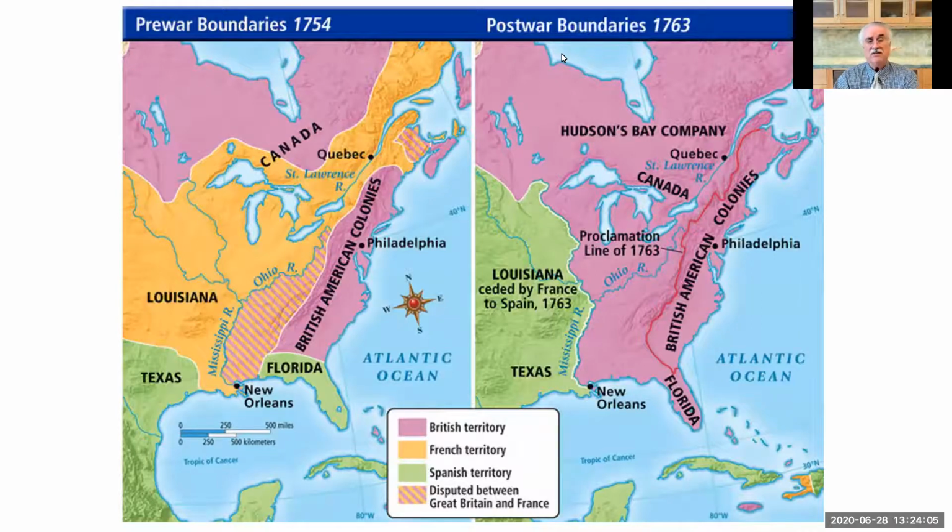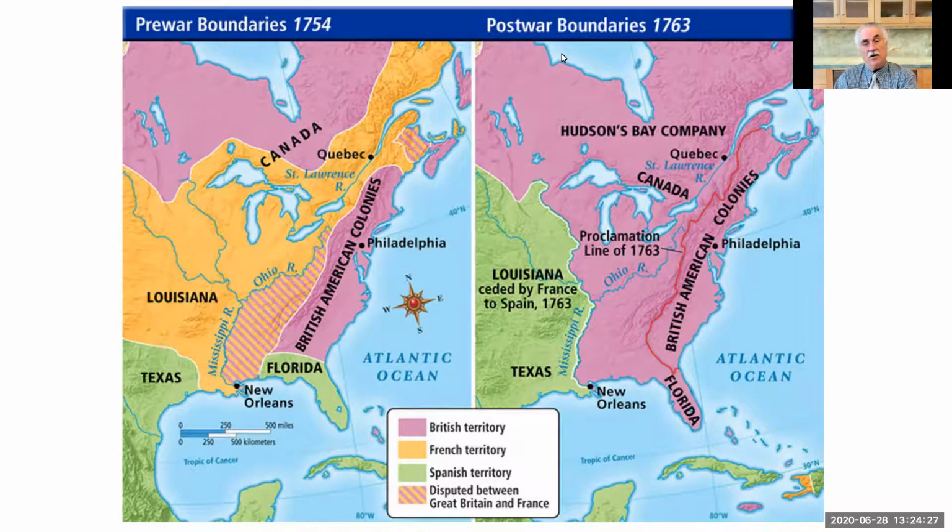So in 1763, the Treaty of Paris was signed, and it ended the 7 Years' War, sometimes called the French and Indian War, and the boundary lines were redrawn. And as this map again shows us, French power is absent now after 1763.